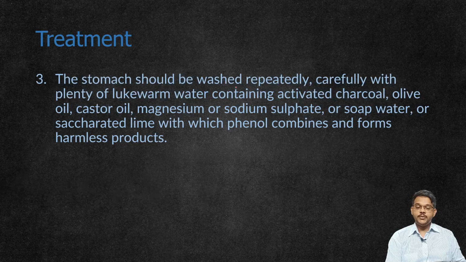The stomach should be washed repeatedly and carefully with plenty of lukewarm water containing activated charcoal, olive oil, castor oil, magnesium or sodium sulfate, or even soap water if nothing else is available, or saturated lime, with which phenol combines and forms harmless products.